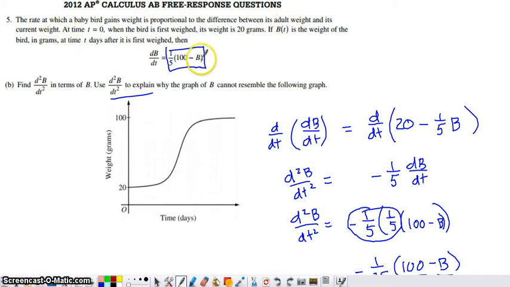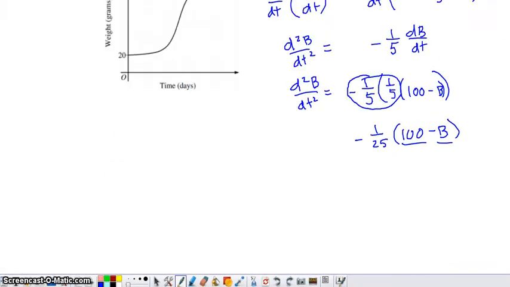If b is its current weight, 100 has to be its adult weight. So thinking about this quantity with that in mind, this is the adult weight of the bird. This is the current weight of the bird. The current weight is never going to exceed its weight at maturity, full maturity.